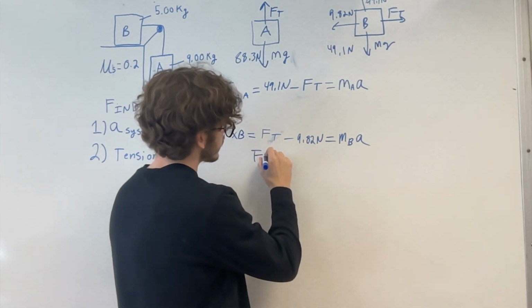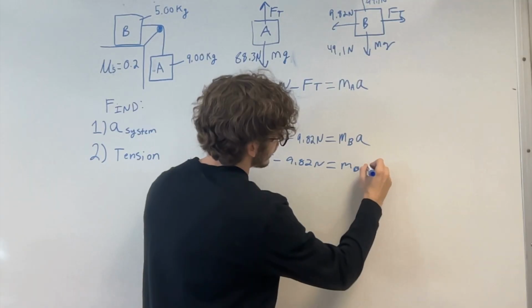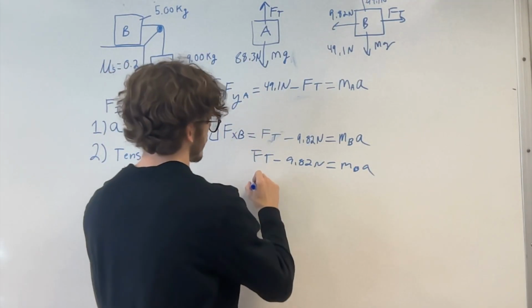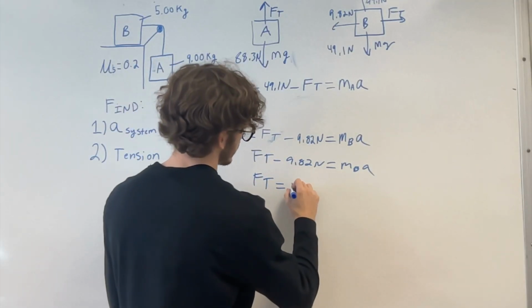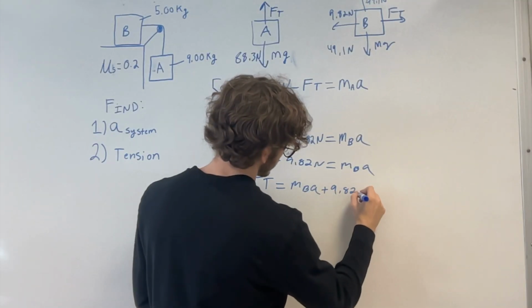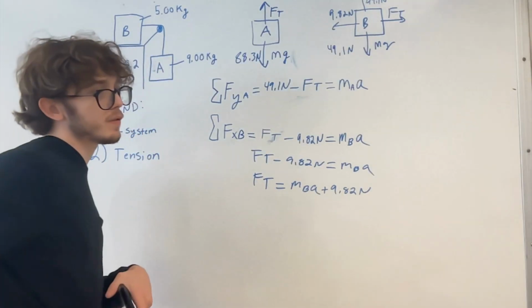So we say that the force of tension minus the 9.82 newtons is equal to the mass of the body times its acceleration. Let's take over the 9.82 newtons. Force of tension is just equal to the mass of B times its acceleration plus 9.82 newtons, right? It was a subtractive term, but now we're adding it, and that gives us the force of tension.